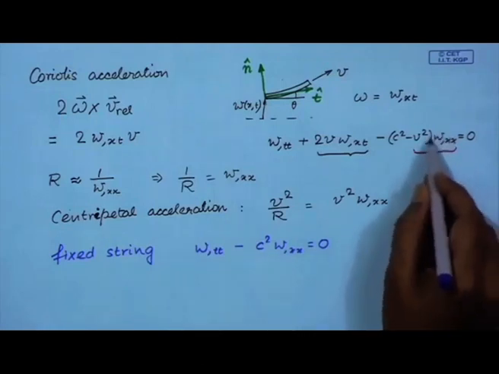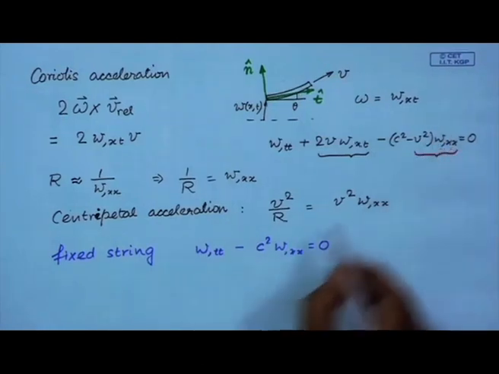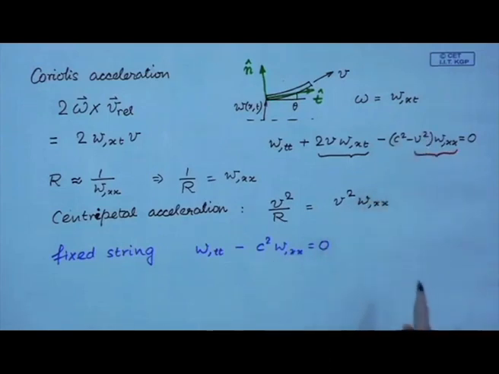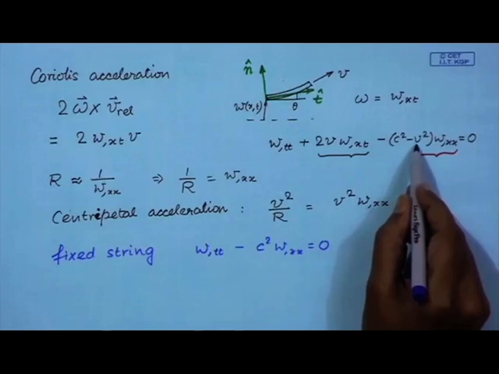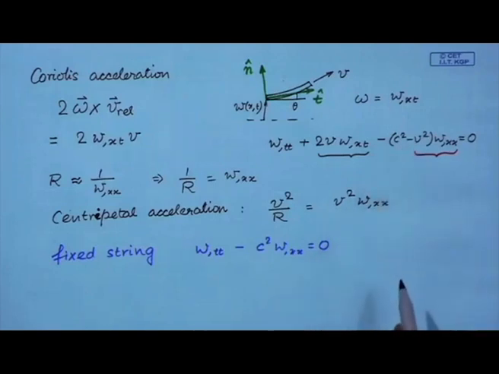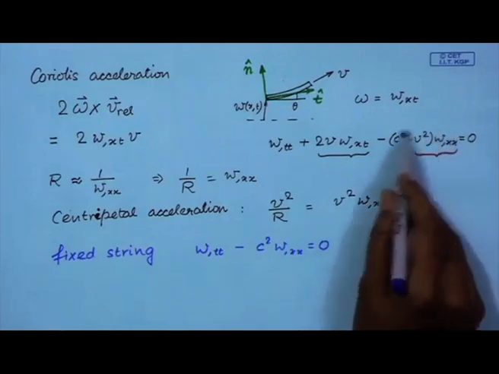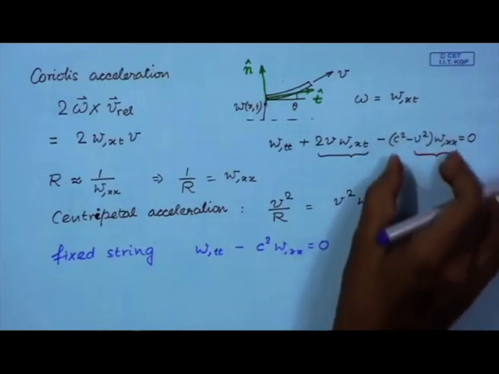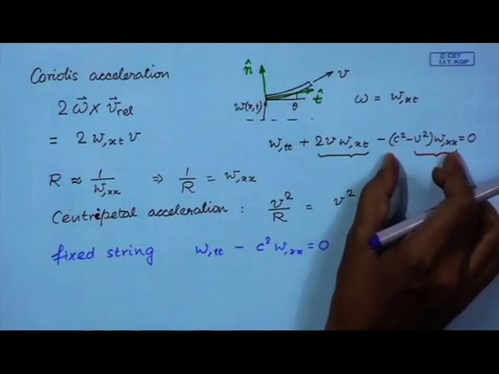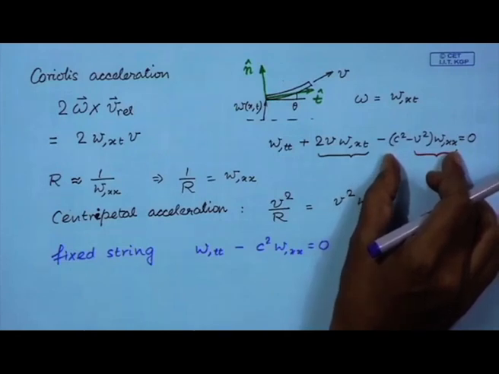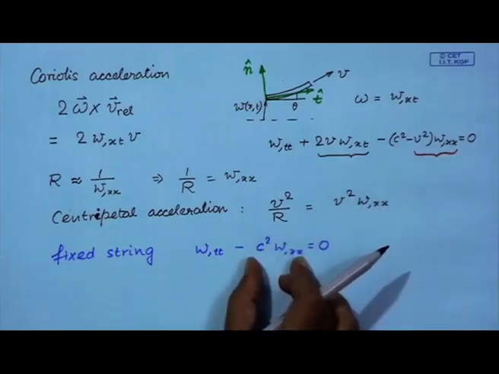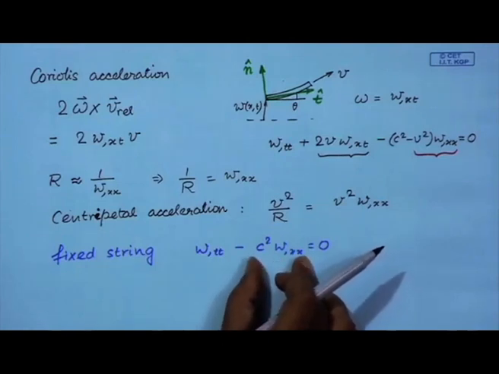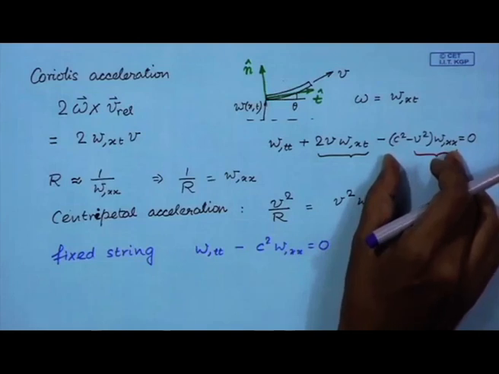So, this double derivative with respect to space also appears, but now this appears with c square minus v square. Now, there is a possibility that v might just equal c. In that case, this term drops out, and remember, this term was responsible for the stiffness of the string, as we have here. So, the double space derivative is responsible for the stiffness of the string.